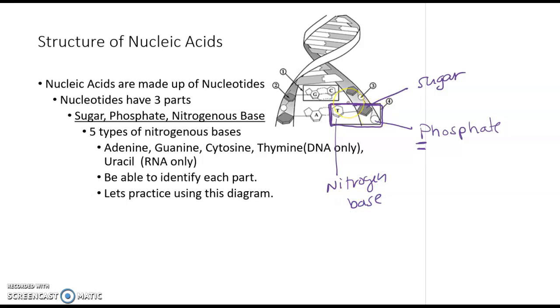And those three little pieces fit together in a very specific pattern, and they form what is known as a nucleotide. And nucleotides then come together. Here's one, here's another one, here's one on this side. And as they form together, they are the building blocks of DNA.